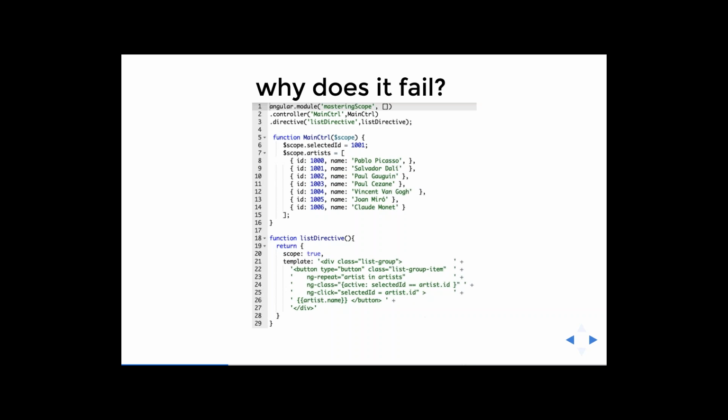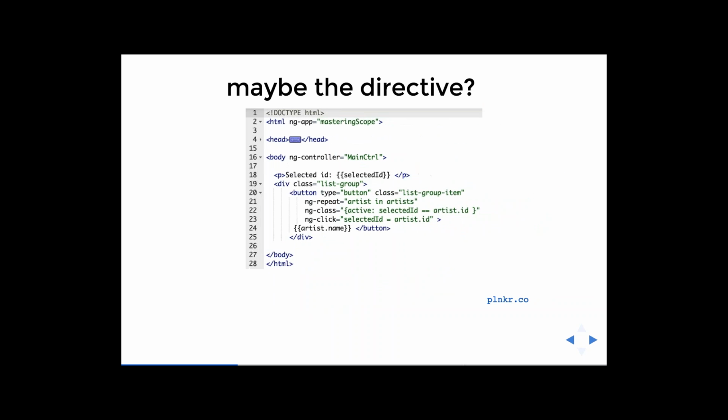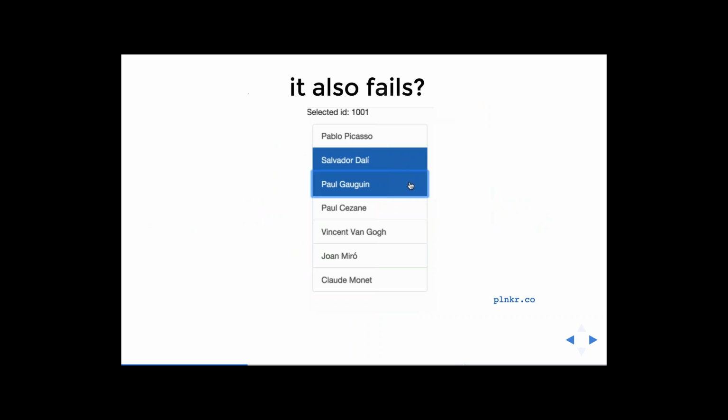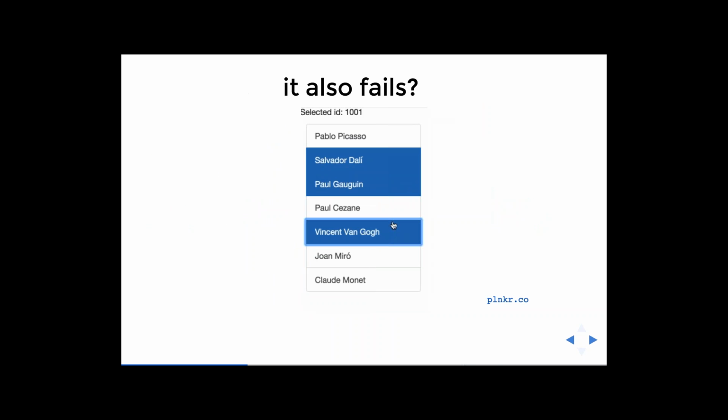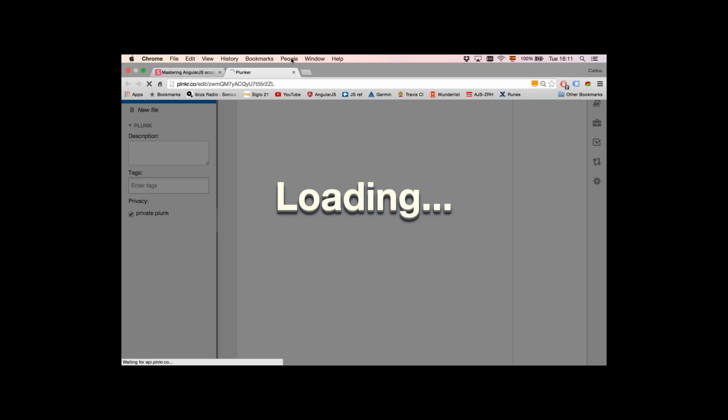So what I did was, okay, let's do the same exercise but without the directive. So we remove this directive, so it gets a little bit simpler. And what does this do? It also fails. For those who don't trust me, I have a plunker, and we can see that.